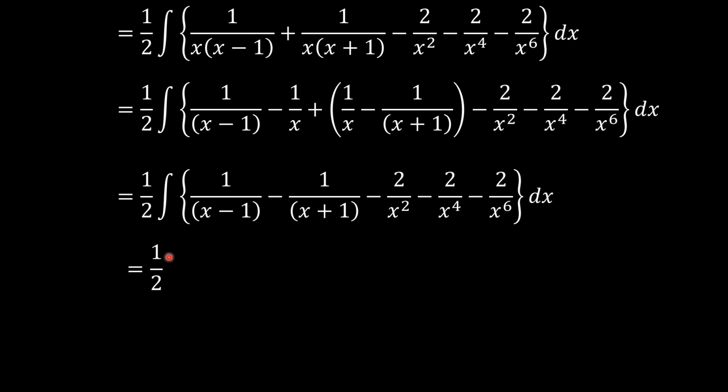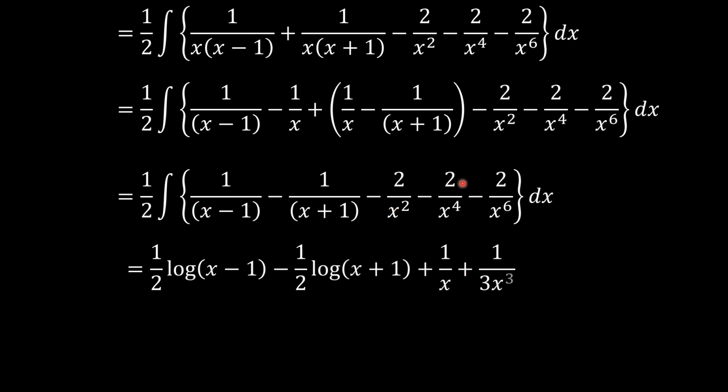which can be integrated as half the natural logarithm of x minus 1, minus half natural logarithm of x plus 1, and the half and the 2 here cancel, so we have 1 over x. This integrated, we have plus 1 over 3x cubed, plus, here this integrated times the half here, plus 1 over 5 times x to the power 5, plus the integration constant.